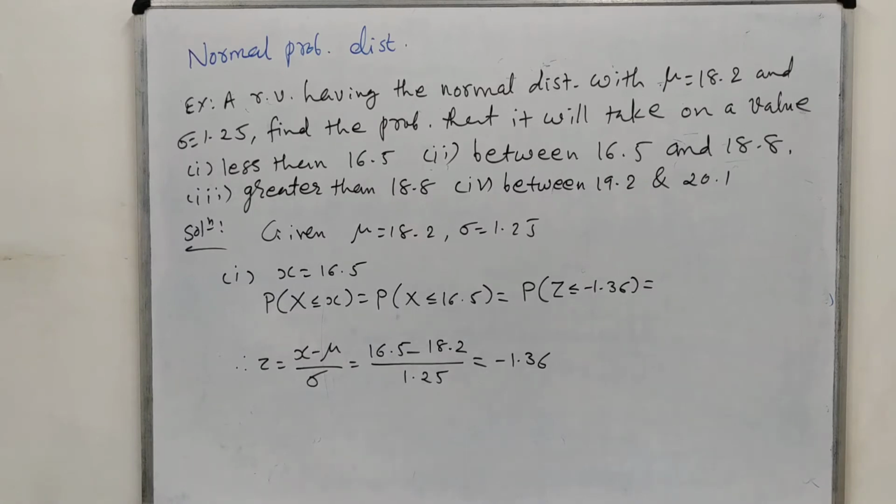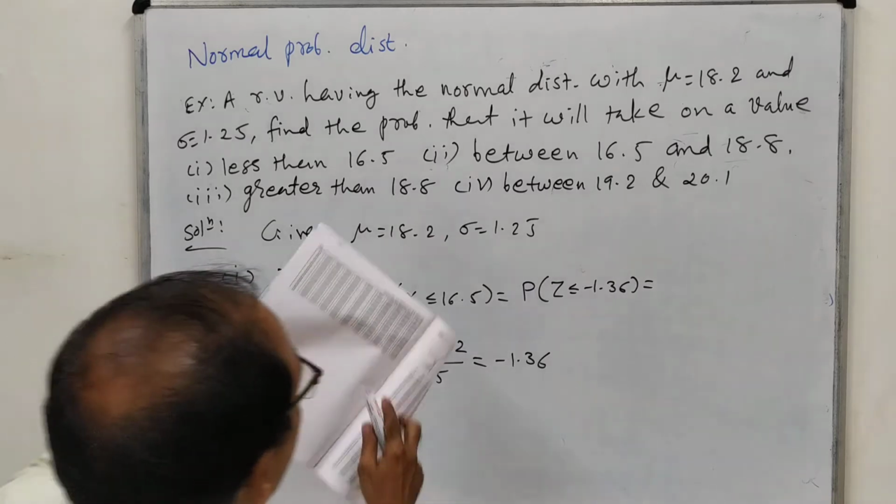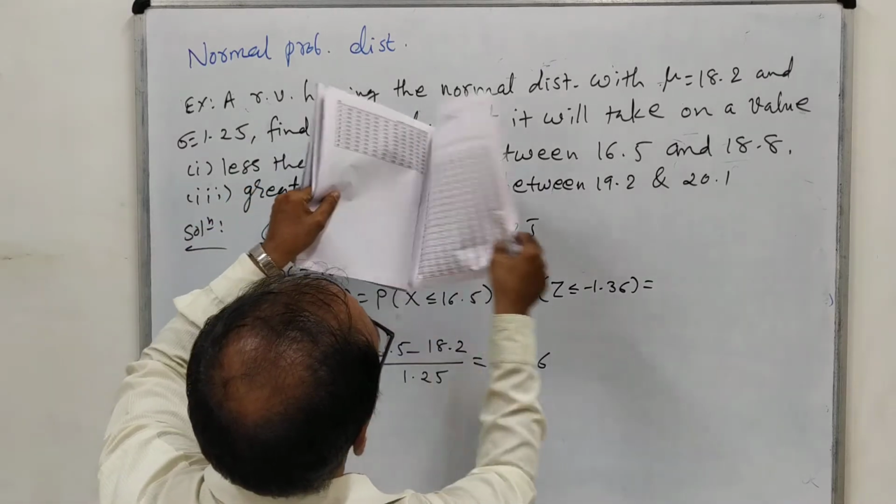In the table you can go for the negative values, on the first page of the table.